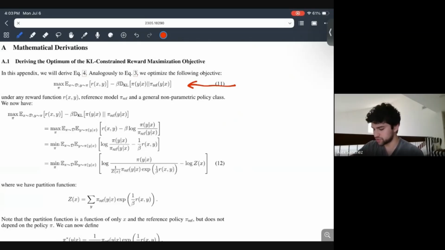You guys recognize this. We literally just talked about it. This is our goal in RLHF right here. We want to maximize this reward minus the KL divergence, or well, minus the KL penalty, which is this whole second part right here.